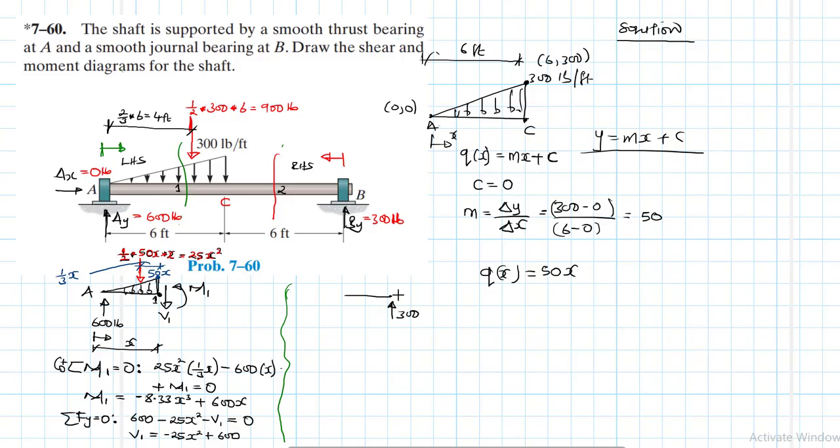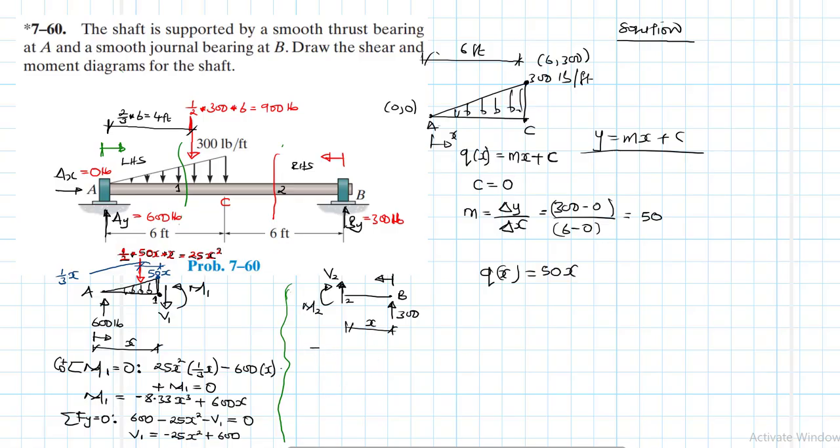This point is B. Okay, we have this point is 2. We are going to have V2 like so, V2, and then with moment M2. And this is X, and we are moving from here to there like that.